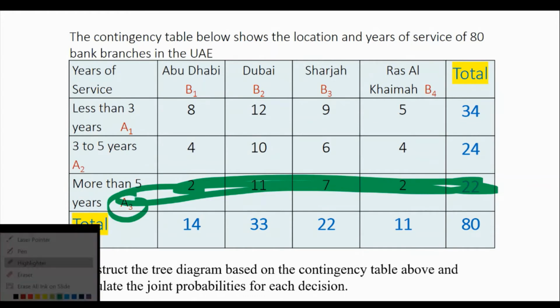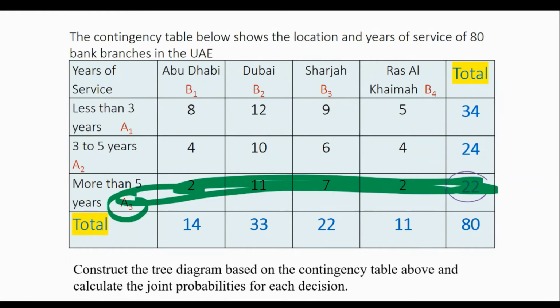We have a total of 22 of them, and we'll see how much for each of the locations. So more than 5 years, and in Abu Dhabi is 2, then 11, 7, and 2 out of 22. So each of those branches we're going to divide by 22.